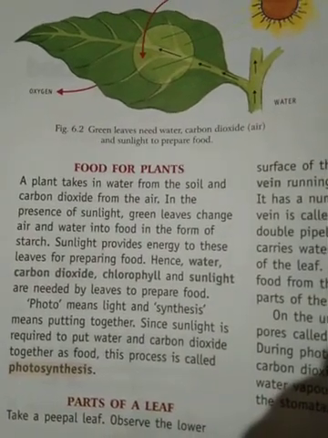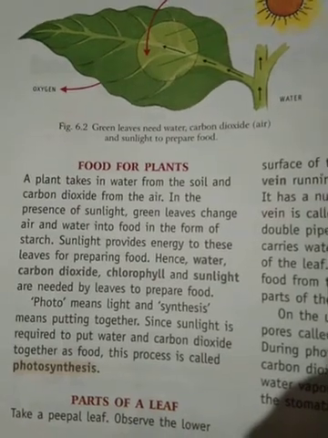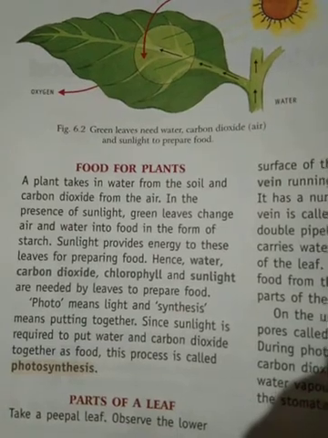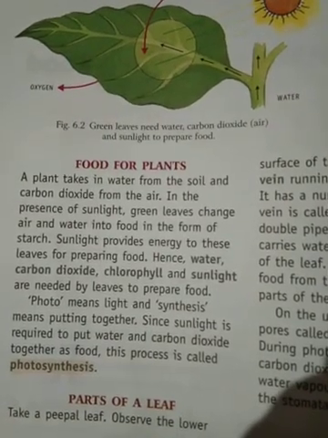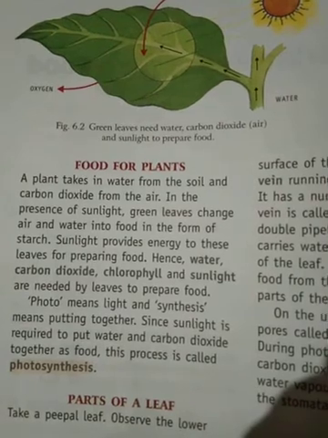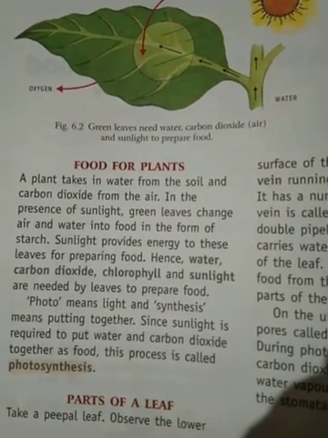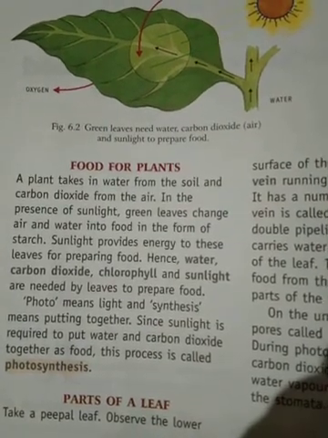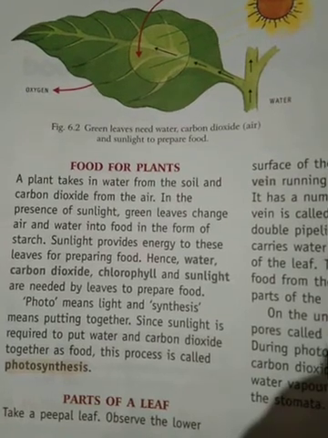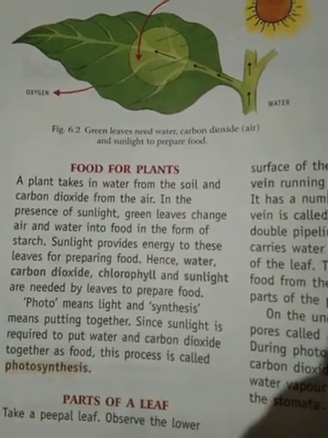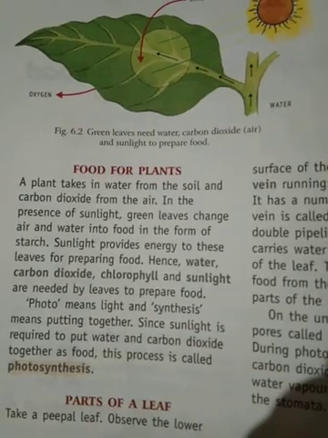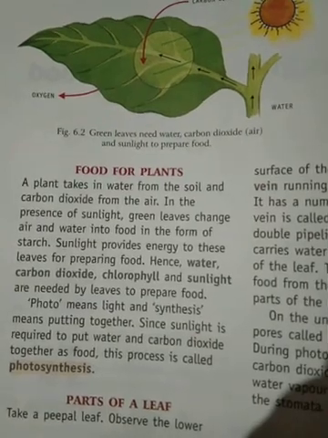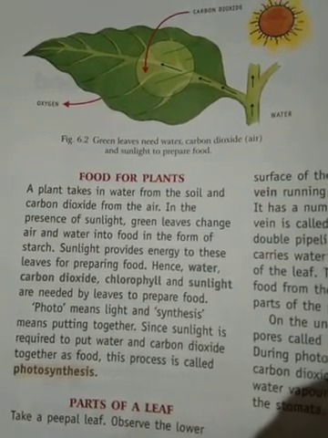That means whenever chlorophyll is capable of storing or trapping the energy from sunlight, after that the water and carbon dioxide from the air both get reacted with each other in order to form food inside the plant leaf, and the name of that form of food is called starch.